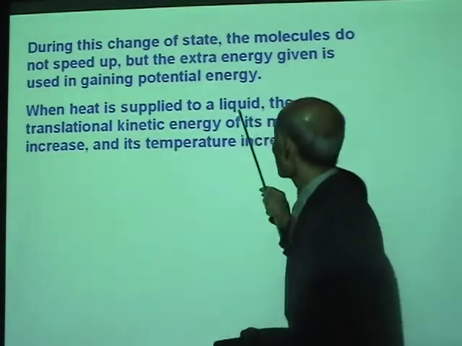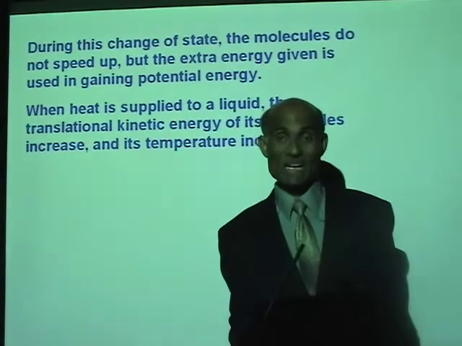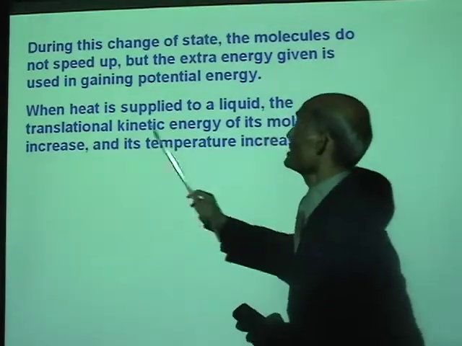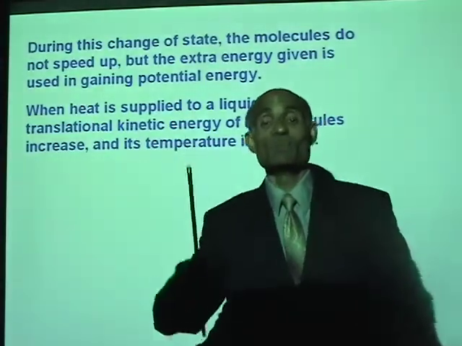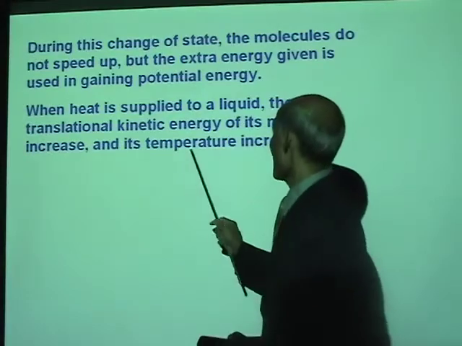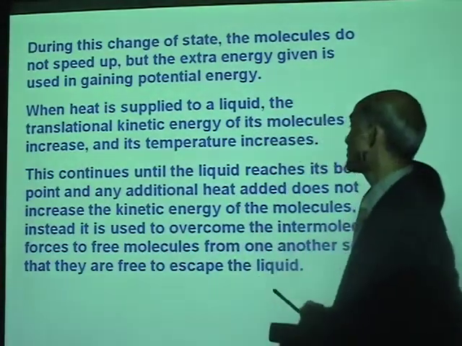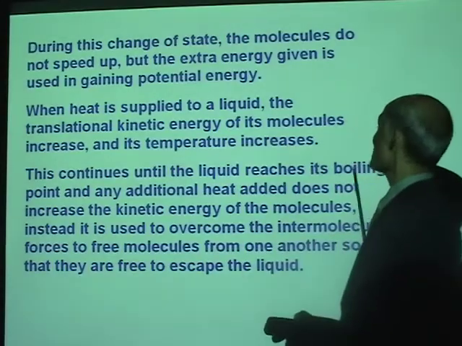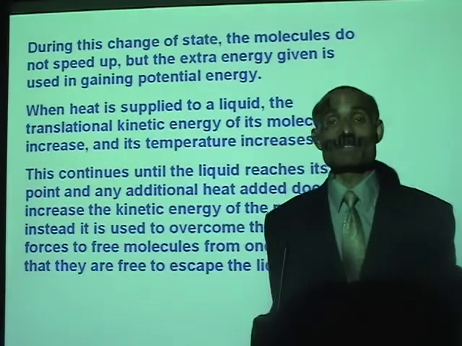When heat is supplied to a liquid, once all the solid has become a liquid, what happens? The translational kinetic energy of the molecules will begin to increase. The temperature of the liquid will start increasing, and this continues only until the liquid reaches its boiling point. And what is happening at the boiling point?